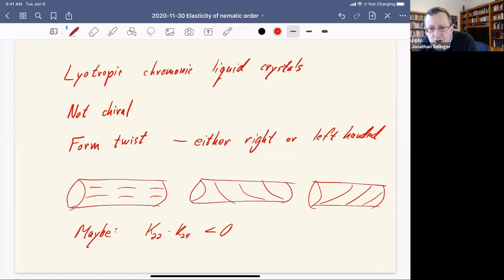And so this could be a material which violates the Ericksen inequality in that way. So I'd say this is sort of a current research question. The normal situation is to have all those coefficients positive, but there could be an unusual situation like this where that's not the case.